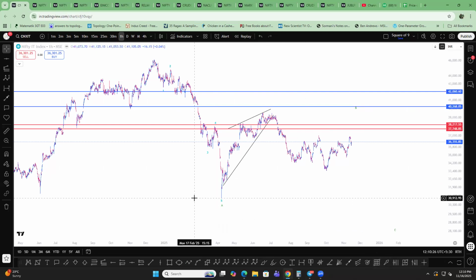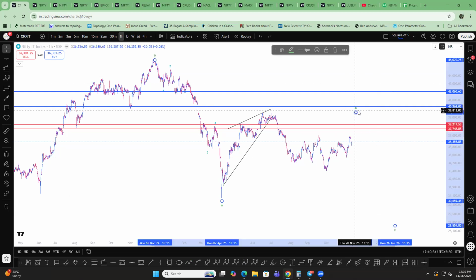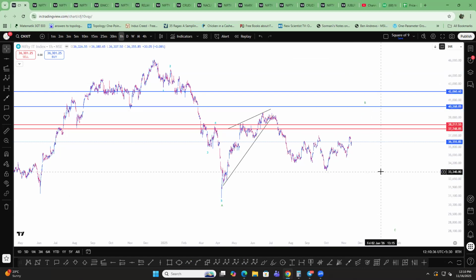So the conclusion is, I am not advising you to do SIP or mutual funds concerning the IT index. It is not advisable because in the weekly frame or higher frame, we are in a bigger decline, so you will not get your returns from the C. Fine.